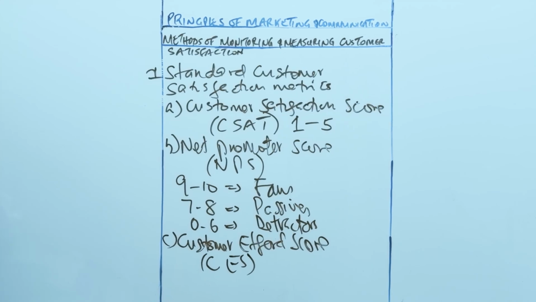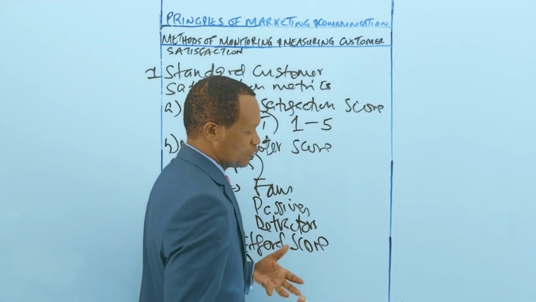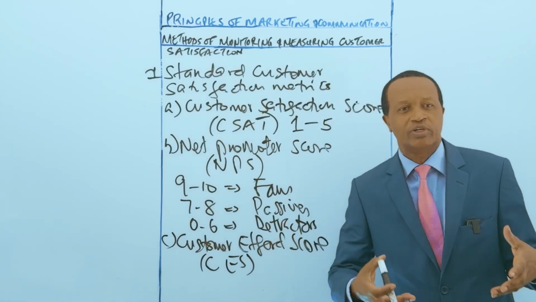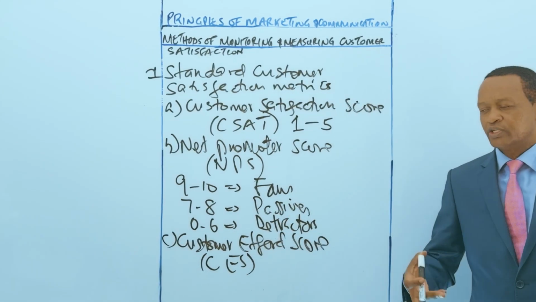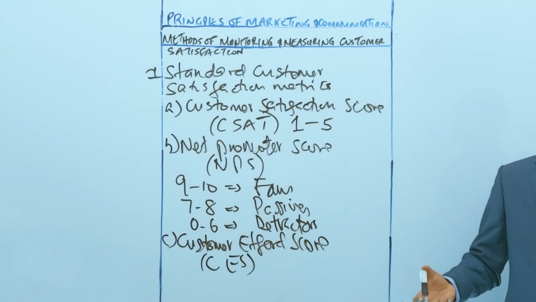This measures how easy it was for the customer to get what they wanted when they visited your shop or your website. How easy was it? You can ask them, how easy was it to resolve your issue today?